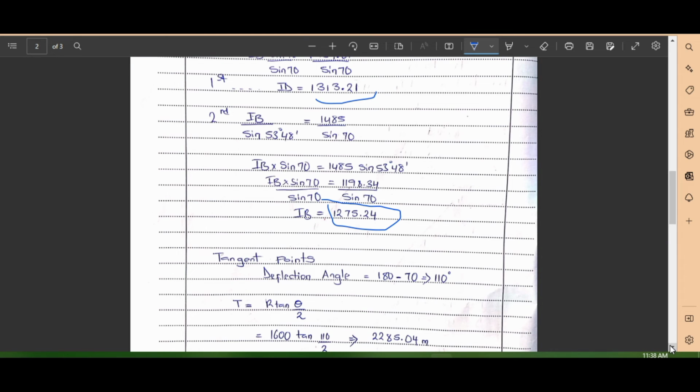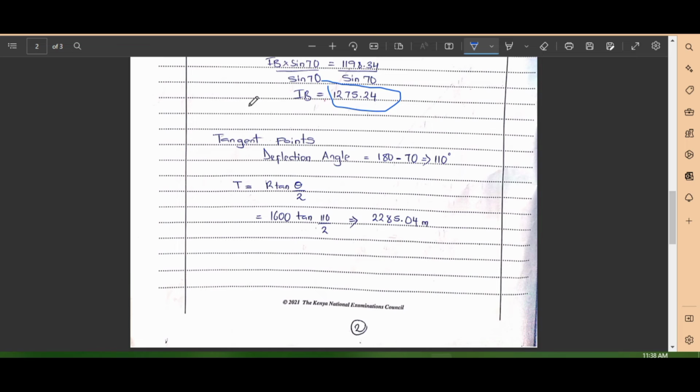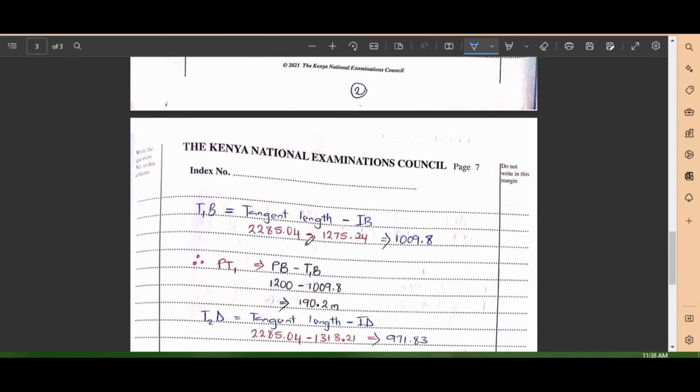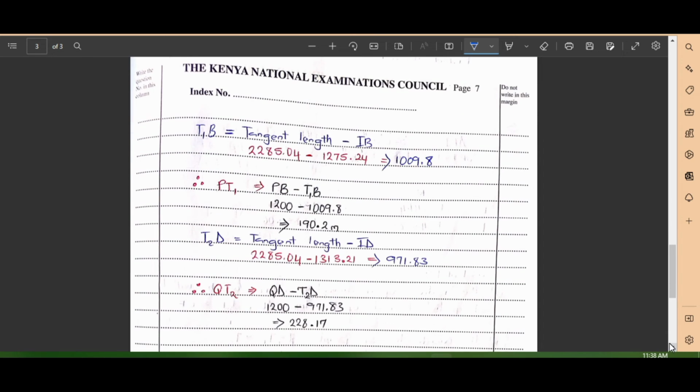So we go ahead and calculate the tangent length. From the tangent length, we subtract the distance that we had earlier. After subtracting it, we find our value, and that will be the distance of P to T1.